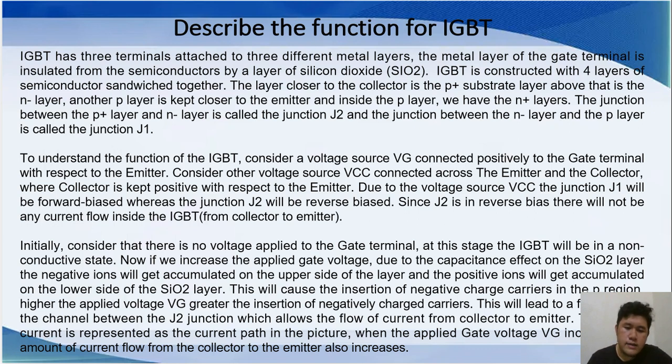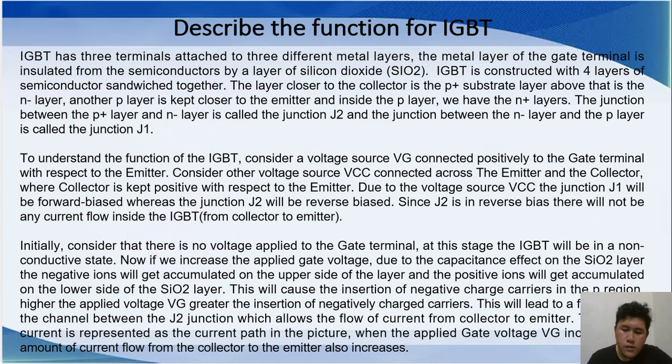Now, if we increase the applied gate voltage, due to the capacitance effect on the SiO2 layer, the negative ions will get accumulated on the upper side of the layer and the positive ions will get accumulated on the lower side of the SiO2 layer. This will cause the insertion of negative charge carriers in the P region. The higher the applied voltage Vg, the greater the insertion of negatively charged carriers.